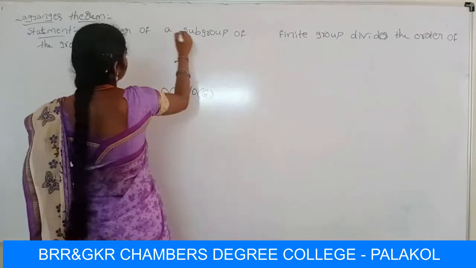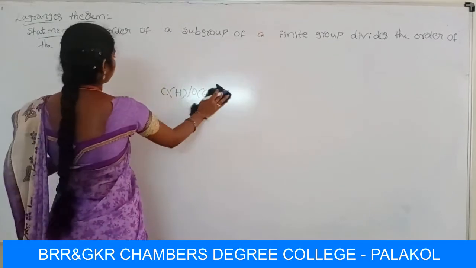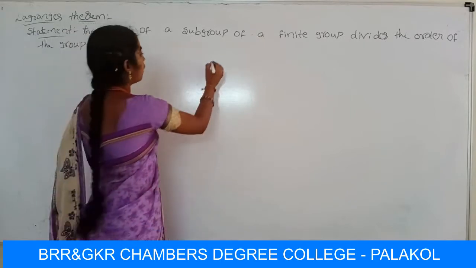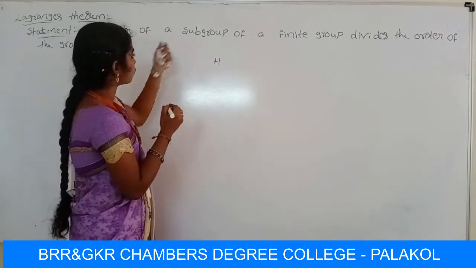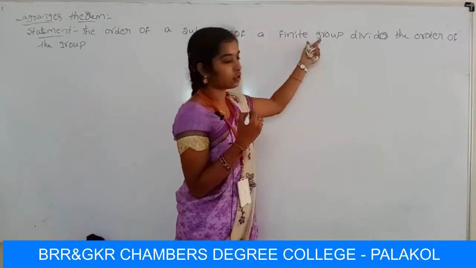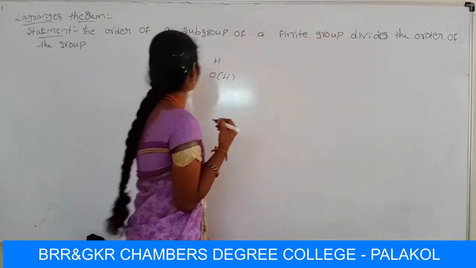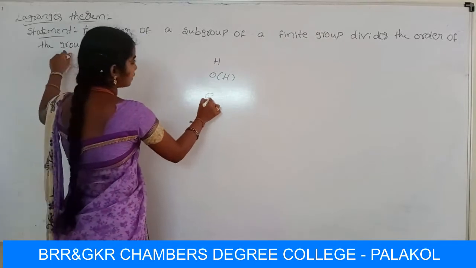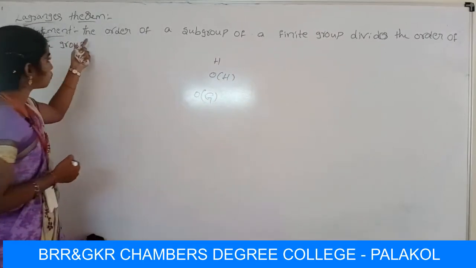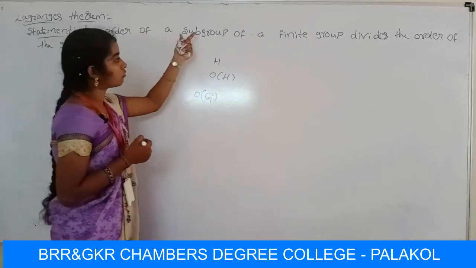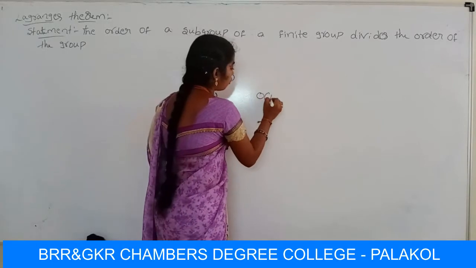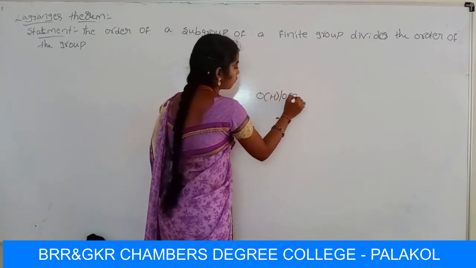The subgroup is denoted by H, so the order of the subgroup means the order of H, which is finite, and it divides the order of the group. The group is denoted by G, so the order of the group means the order of G. So we have to prove that the order of H divides the order of G.